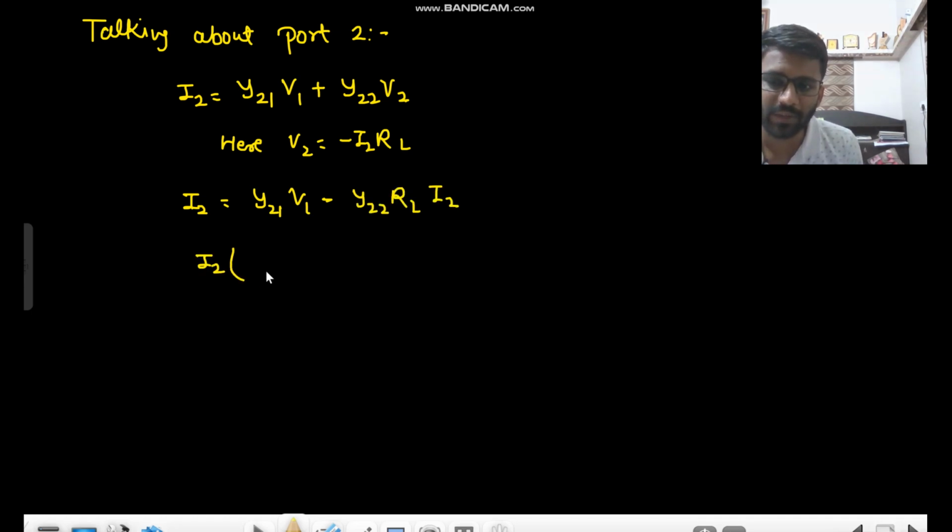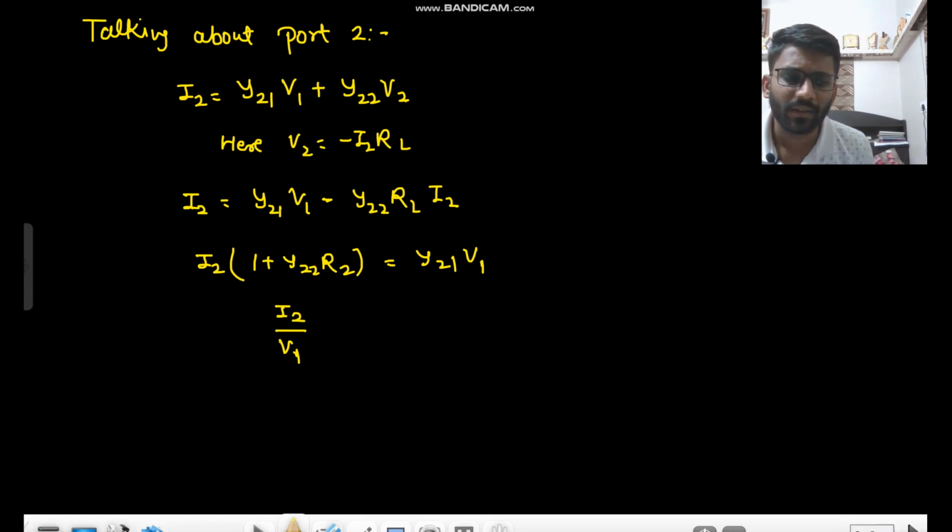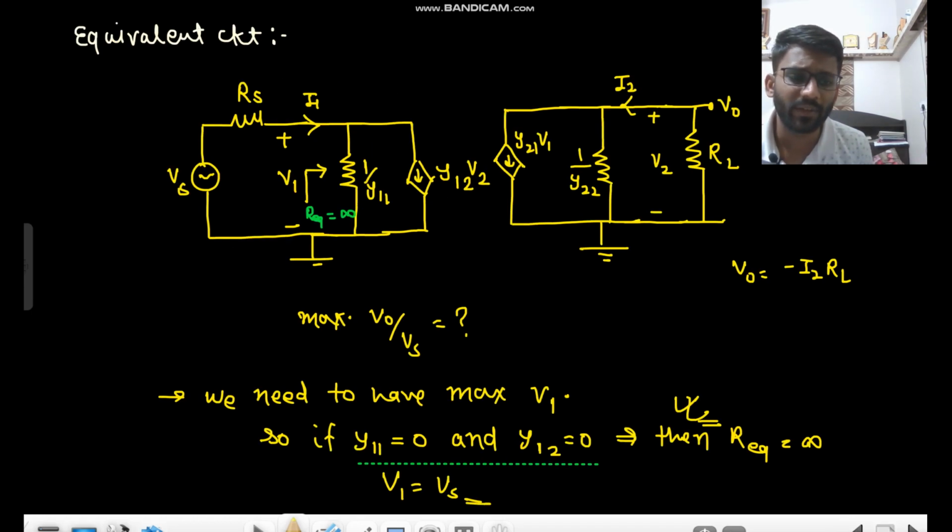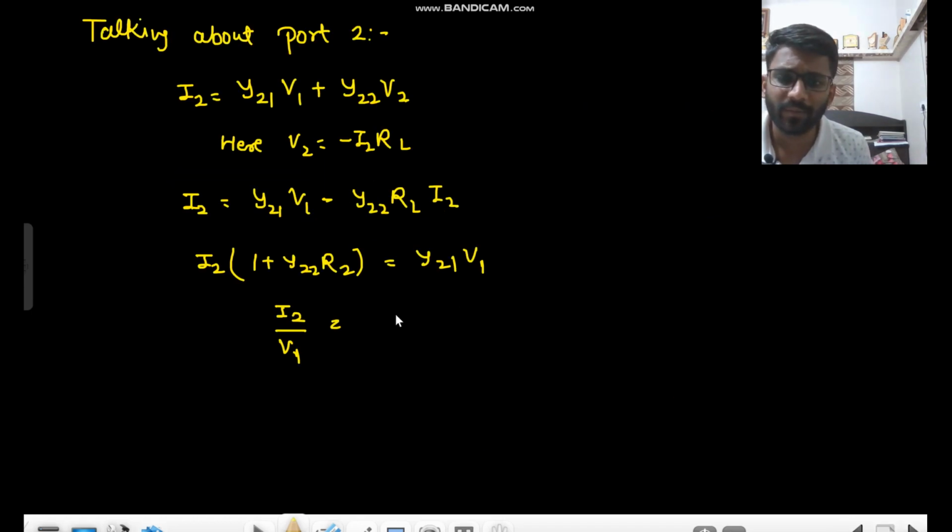So your I2 would become (1 plus y22 RL) I2 equals y21 v1. So I2 by v1 would become y21, not R2, it is RL, y21 upon 1 plus y22 RL.